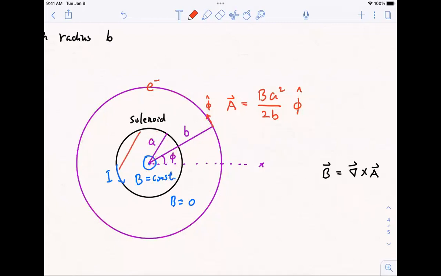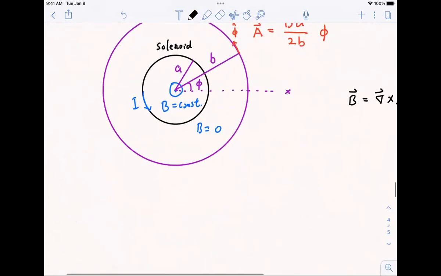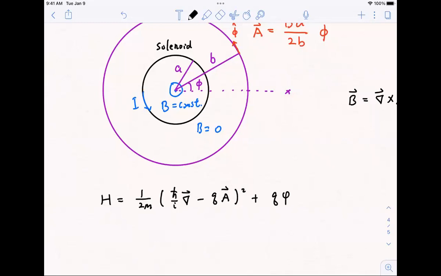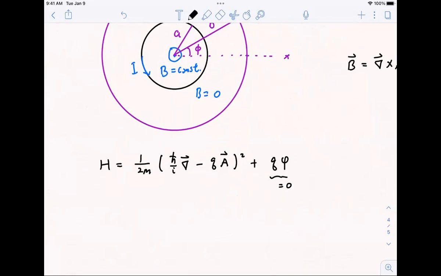So now let's write down the Schrodinger equation. The Schrodinger equation will have this 2 mass, h bar, and then qA. Here the potential term q phi will be 0, because here we don't consider any electric field. So it's only this part. You can expand it.